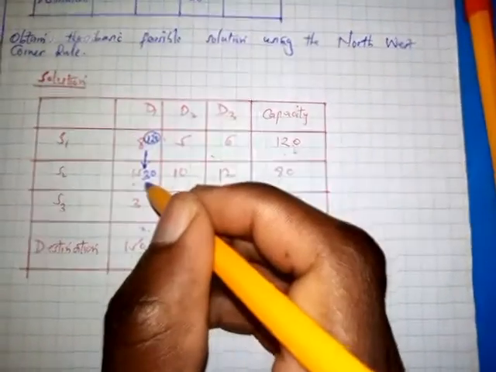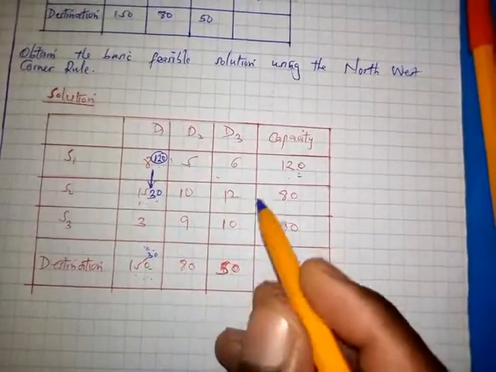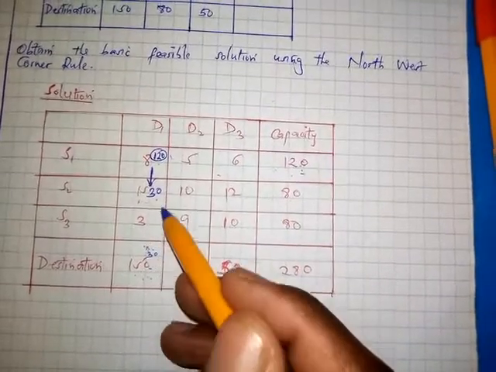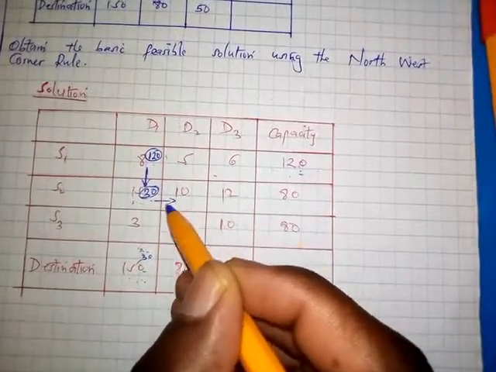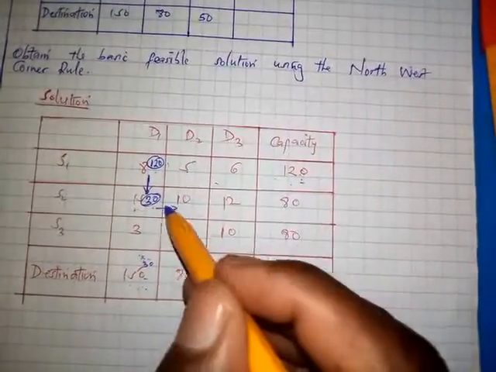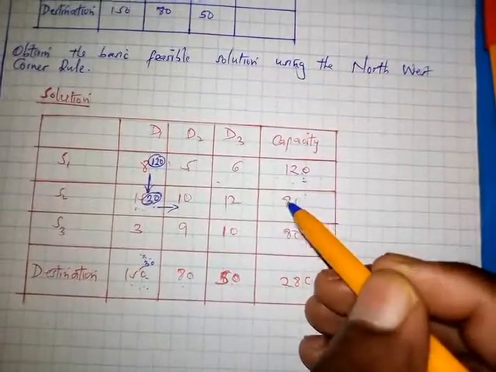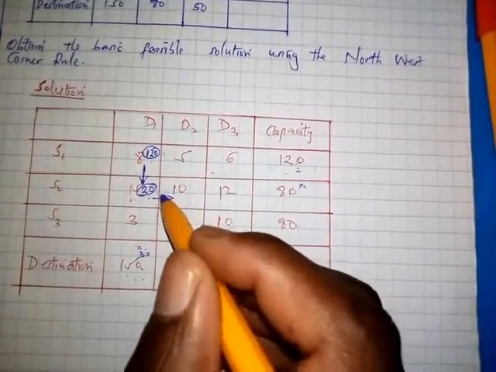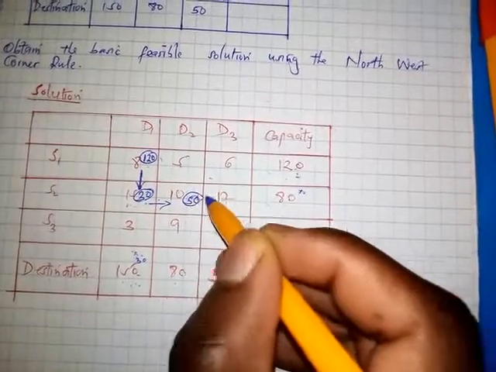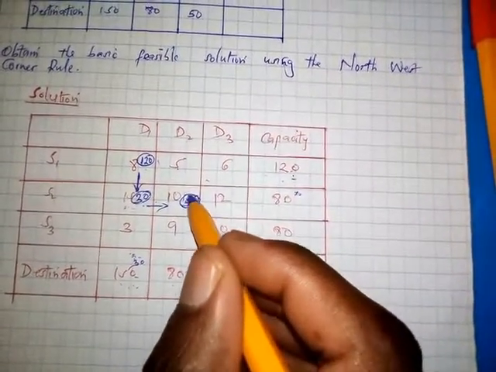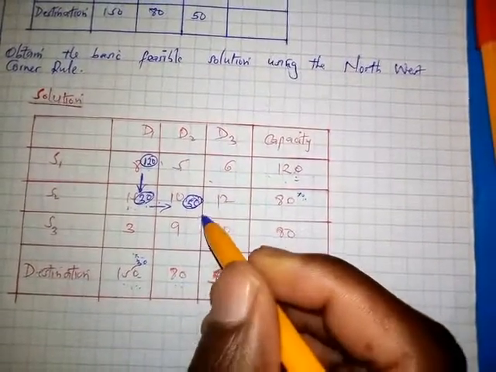So here we move. You have 30. Remember, 30 had remained here after allocating 120, so we move this way. Here, after giving this 30, we remain with 50. 80 minus 30 is 50. Now here at 10 we give 50. This row is exhausted, and here we have 80, so we have remained with 50.